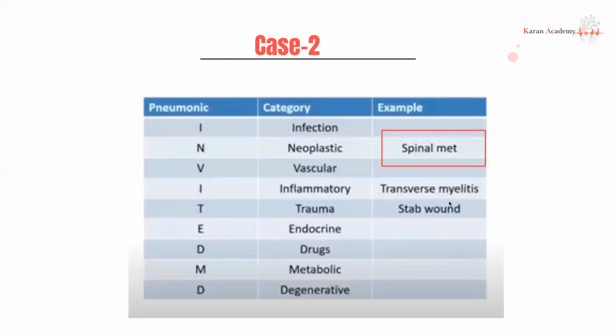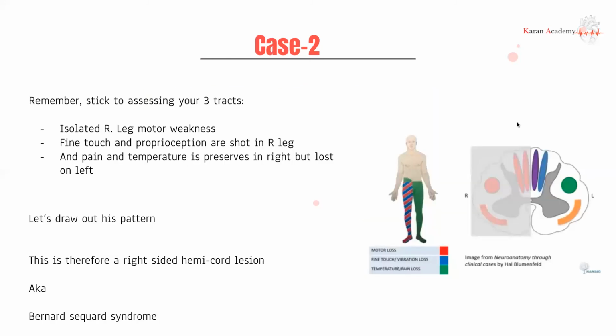So transverse myelitis can damage only half of it. As we saw in the previous case, it damaged everything, but you can have damage to half. You can have a stab wound that's only damaging half. And then you can also have metastatic cancer lesions, especially ovarian, testicular and prostate pathology that can present with these mets.